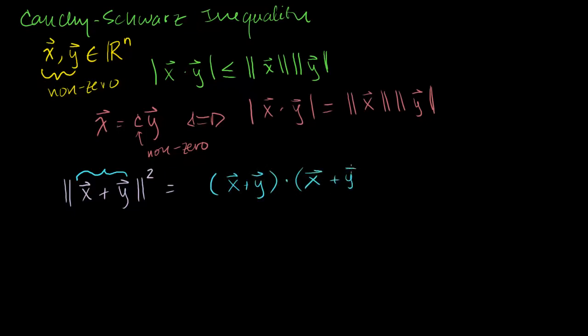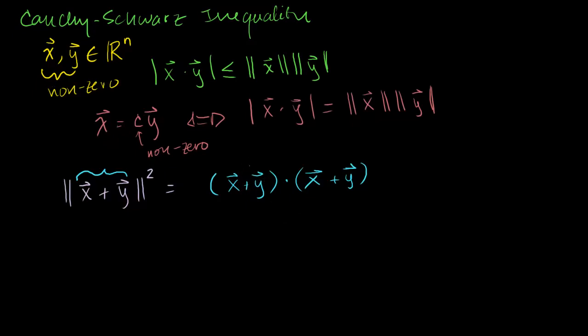All of these are vectors, not just numbers, and this is the dot product, not normal multiplication. But we saw two videos ago that the dot product has the distributive, associative and commutative properties, just like regular scalar multiplication. So you can kind of FOIL this out if that's how you remember multiplying binomials, or I always think of it more as just doing the distributive property twice.